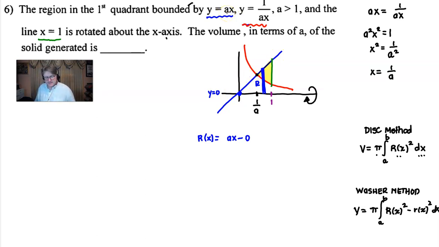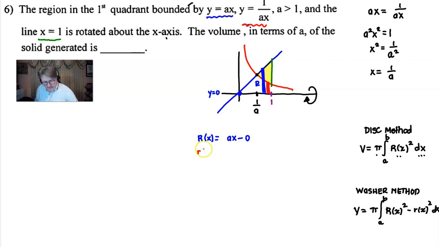And we just subtract it from the a times x. Okay, now what about this little r? Well, little r is going to be this red rectangle. It's going to be any rectangle between your shaded regions that emanates from the axis of revolution but stops at the nearest edge of your shaded region.